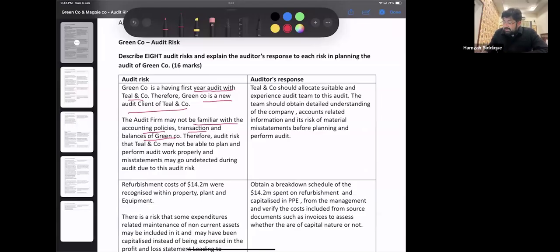Therefore, the audit risk is that they may not be able to plan and perform audit work properly, and misstatements may go undetected. So they should allocate suitably experienced staff and obtain a detailed understanding of the company's accounts and financial information before planning and performing the audit.